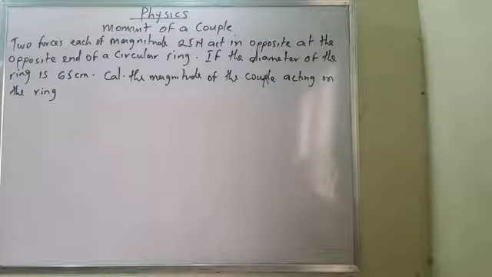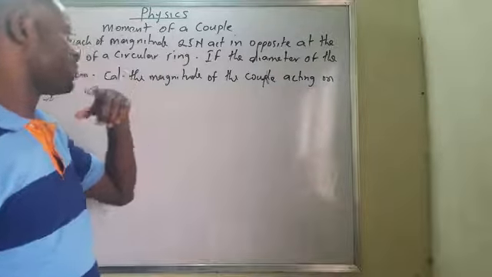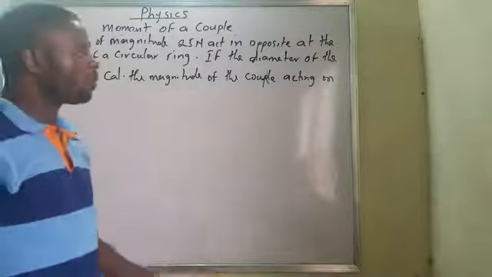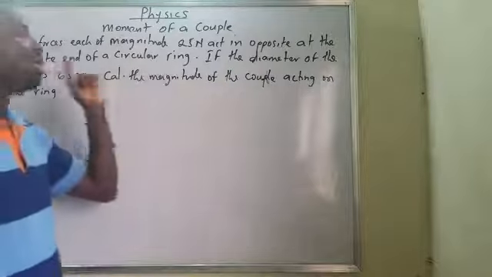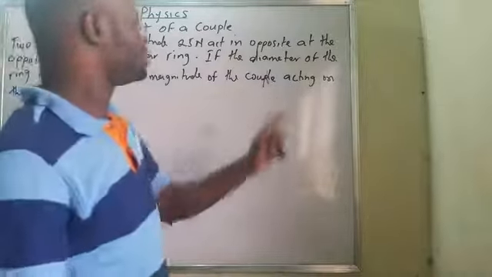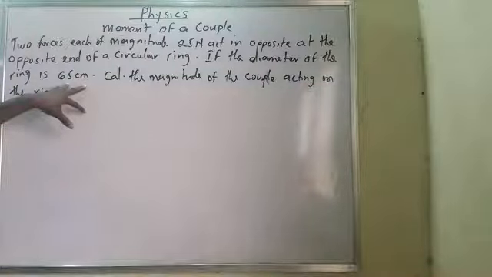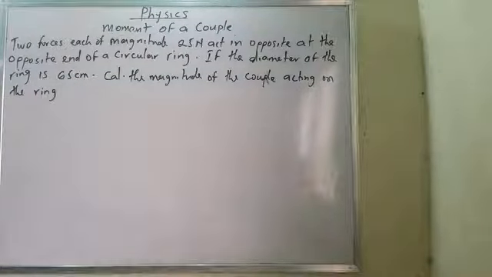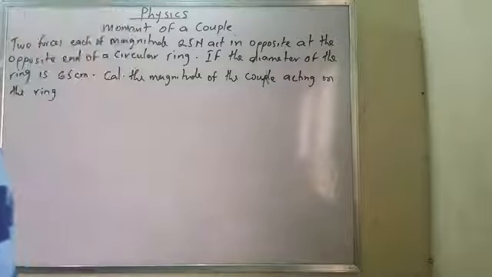Two forces, each of magnitude 25 Newton, act at the opposite ends of a circular ring. If the diameter of the ring is 65 centimeter, calculate the magnitude of the couple acting on the ring.